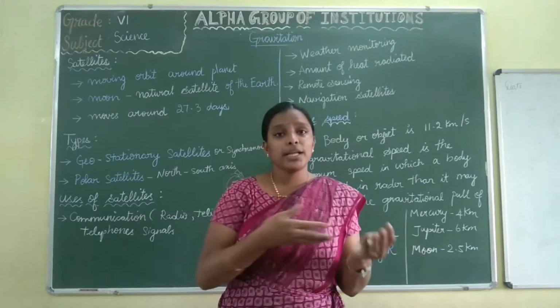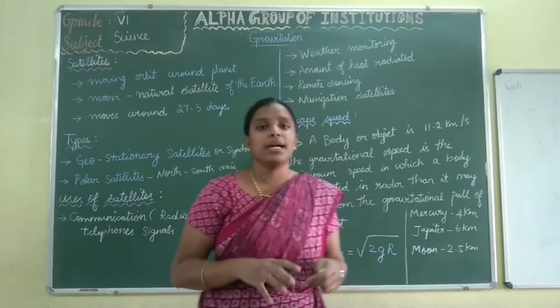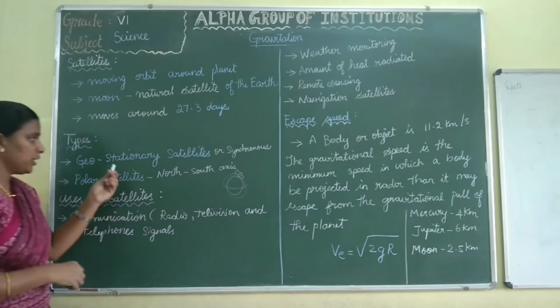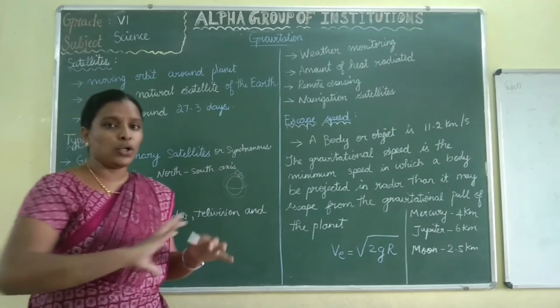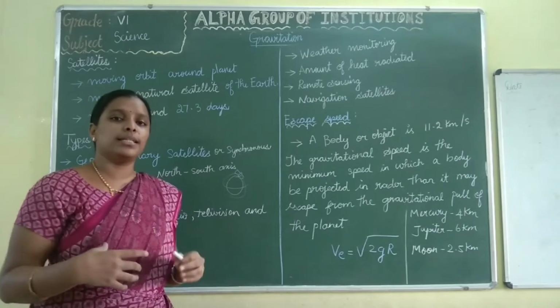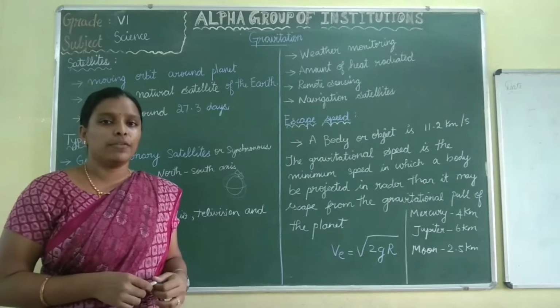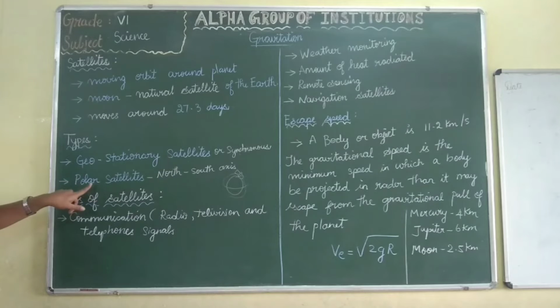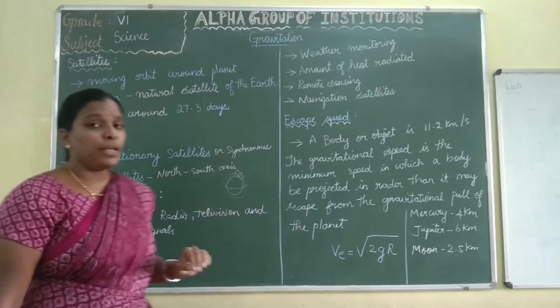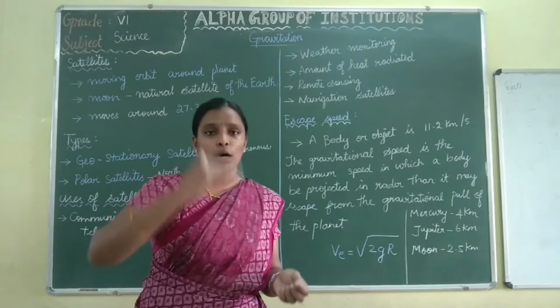So all the communication devices come under a geostationary or synchronized satellite, which means satellites synchronized together. All the communicable devices work through synchronized satellites. Then polar satellites revolve from the north to the south pole.